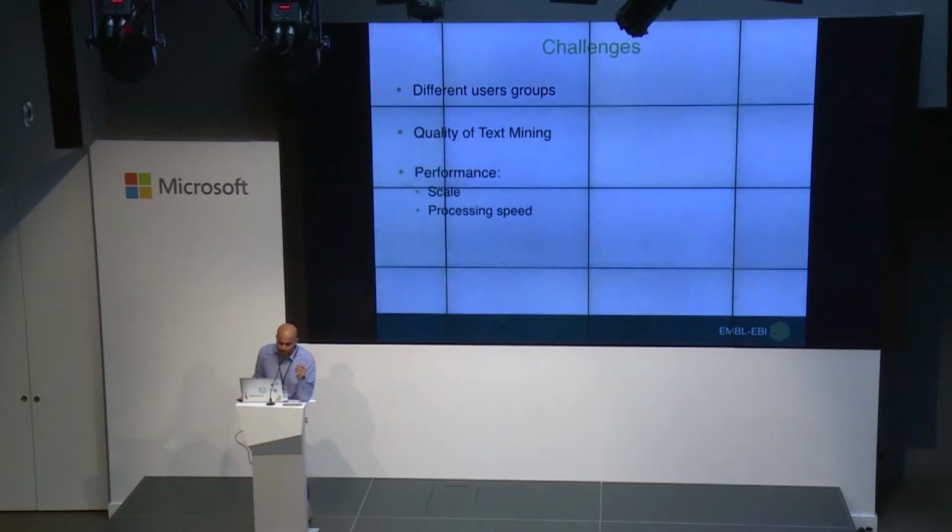As we developed, we came across some challenges. Since we are a cross-platform resource, we are dealing with different user bases, so there are different needs. Some users are not interested in gene functions; some are more interested in organisms. This is something we need to deal with.